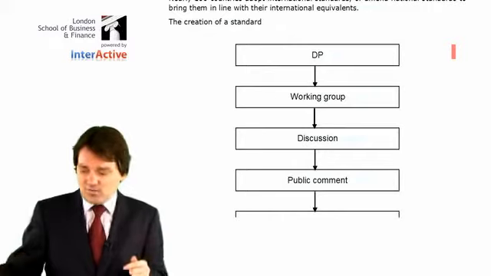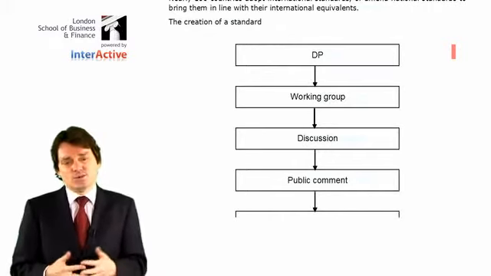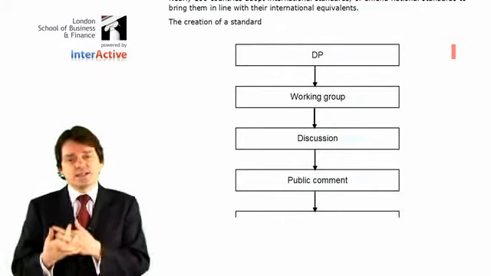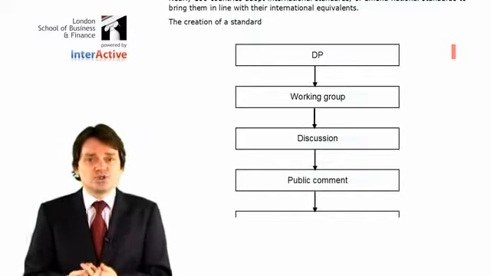Some of the things that have been looked at recently and are being looked at the moment include things like share option schemes. How do you account for those in your financial statements? Because obviously they haven't actually been given to people yet. Share options are something you will get in the future. They haven't actually been given to people yet, but they're going to be. So are they a liability? And if so, how much should you put them in your statements for?